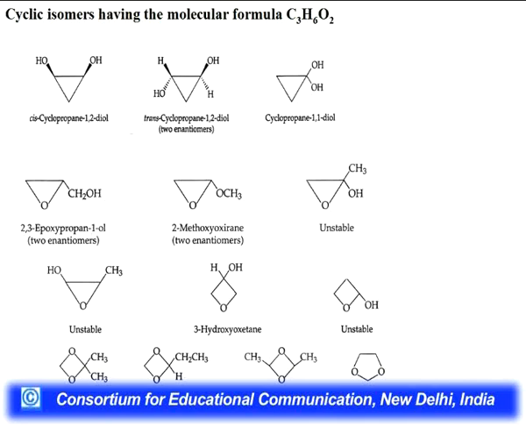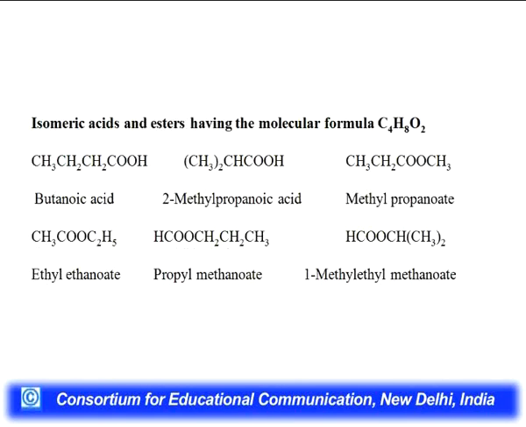Next one is trans-cyclopropane-1,2-diol. Third, cyclopropane-1,1-diol. Then 2,3-epoxypropan-1-ol, 2-methoxyoxirane, and others are some unstable structures you can see, with 3-hydroxyoxetane and 1,3-dioxolane. Isomers for the molecular formula C4H8O2 are butanoic acid, 2-methylpropanoic acid, methyl propanoate, and there are other 3 isomers possible.